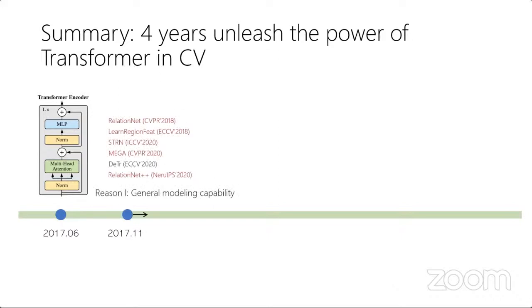I list here 6 related works which explore transformer or attention layers for visual relationship modeling. These papers marked in red are works of ourselves. The second merit is the ability to complement convolution, which is too local. I list 3 related papers here which exploit this merit.